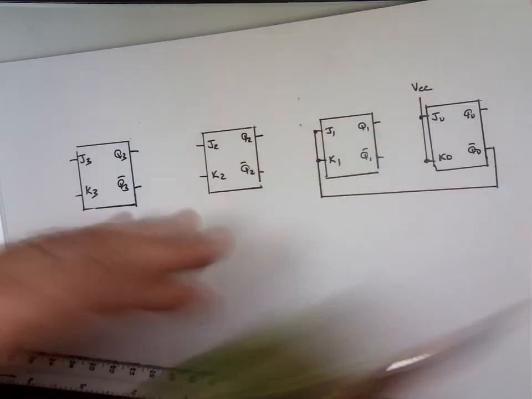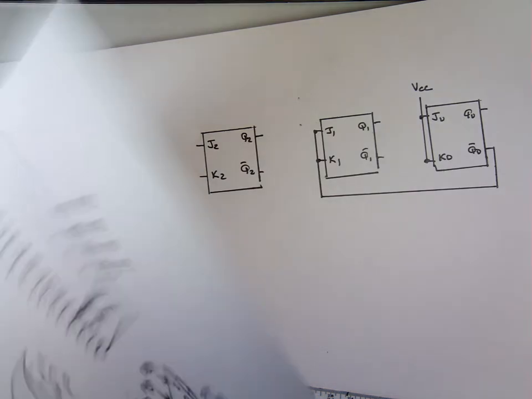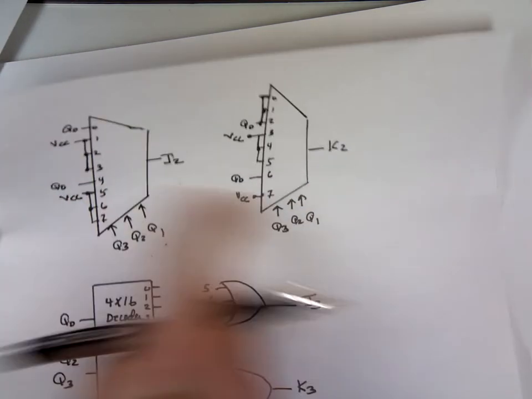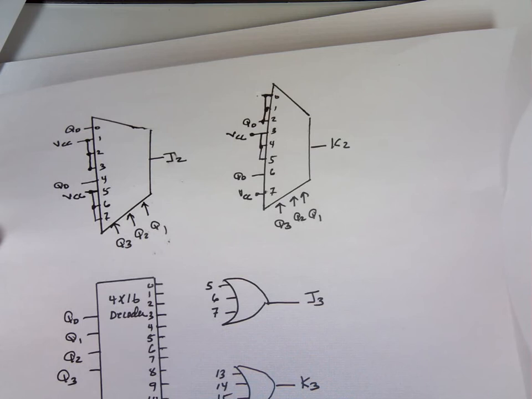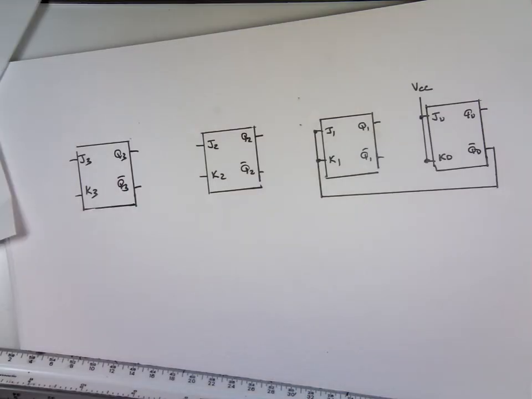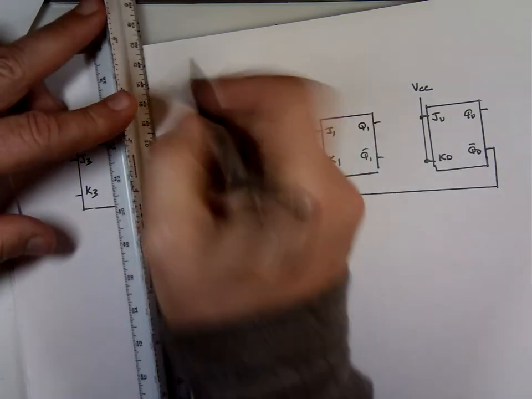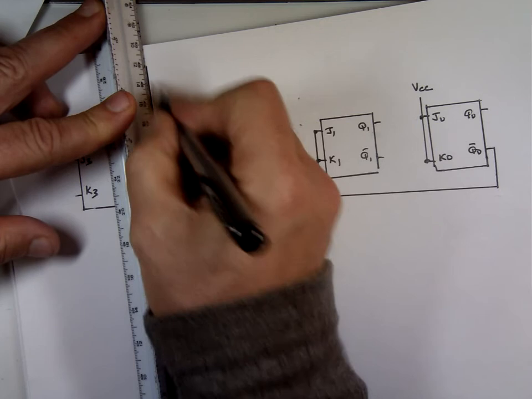Now J2 and K2, I have to draw my muxes there. I don't really have enough space there, so I'll put the first mux on the top. Second one on the bottom.